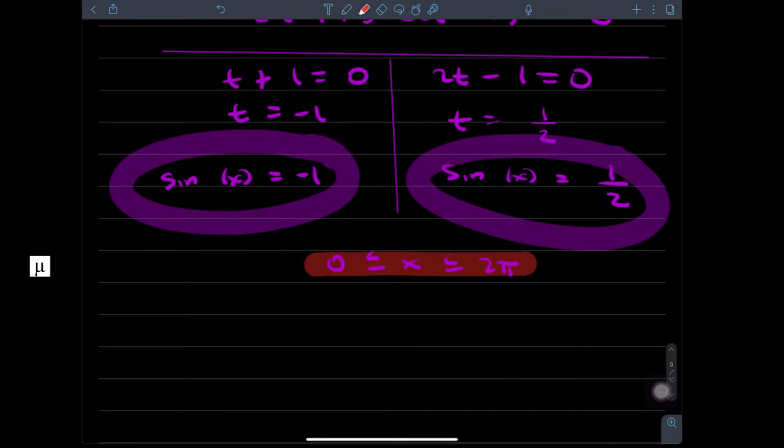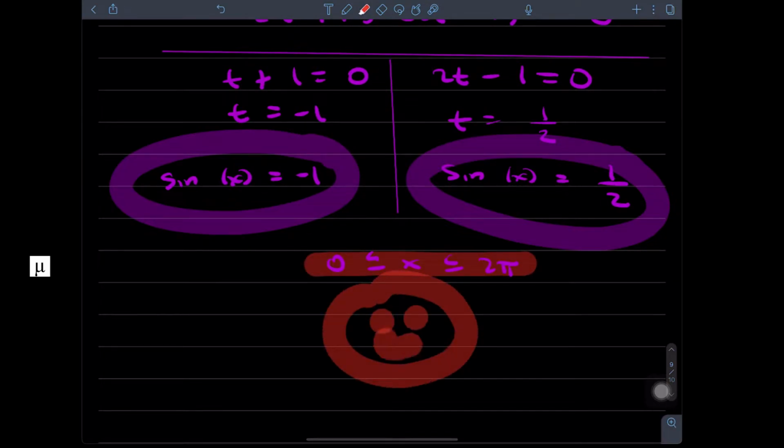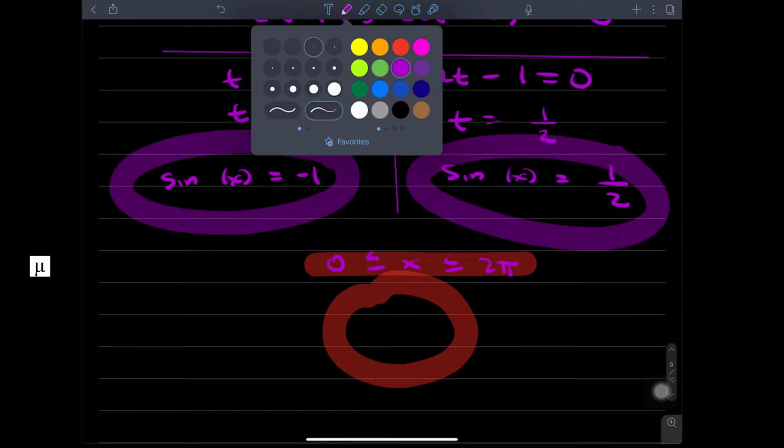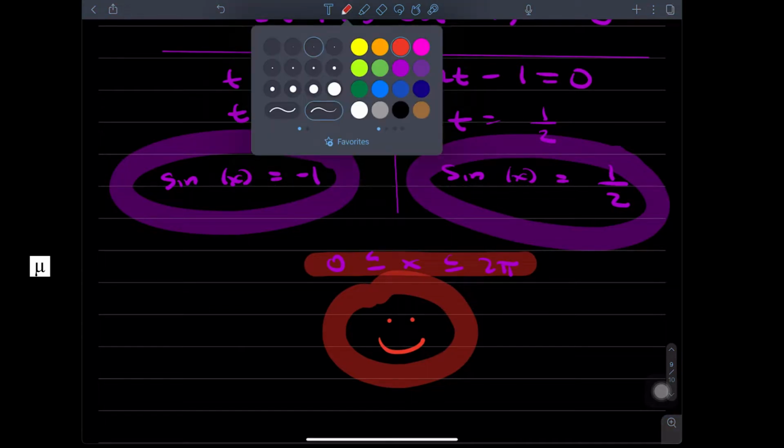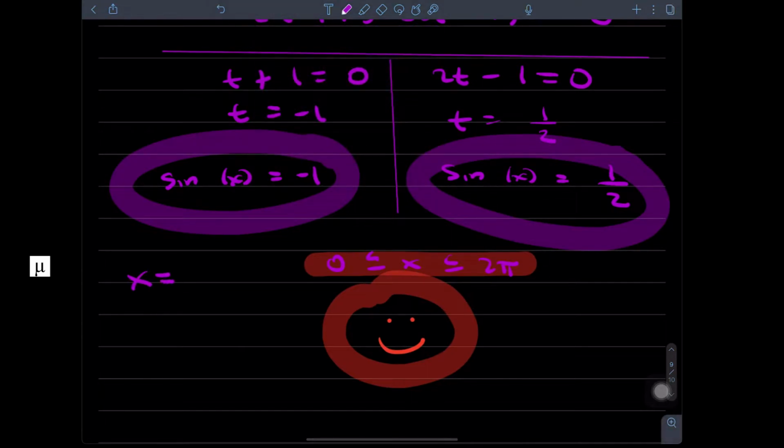Whenever they restrict the domain, I'm going to put a nice happy face, okay? When is sine over this interval equal to negative 1? Do you guys remember? That's when x is what? Is that 3 pi over 2? 270 degrees? I think so.